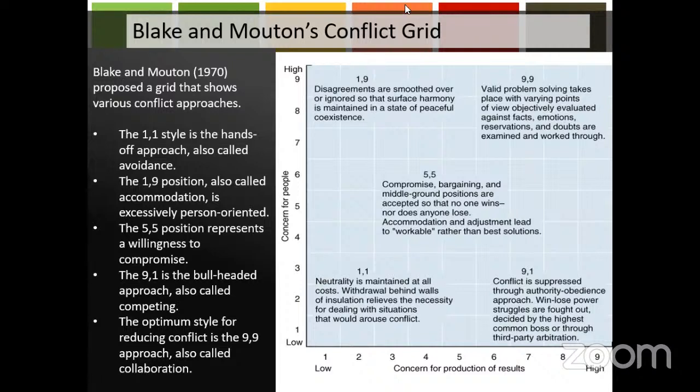One is the concern for the people, and the other factor is the production of results. So if you're met with a conflict, you have to weigh these two factors out.